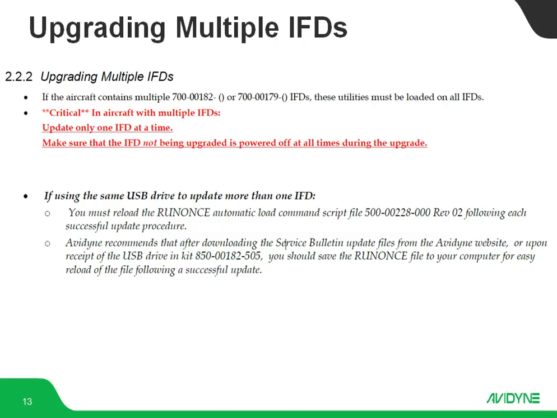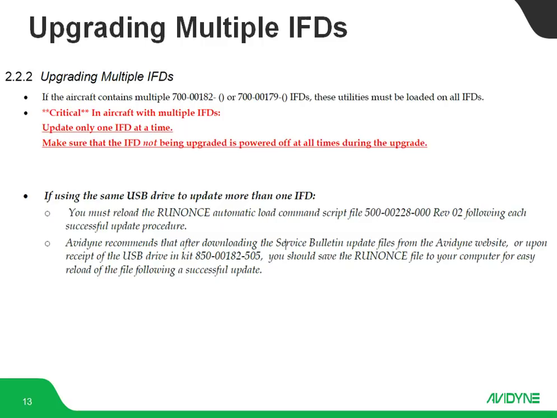There are scenarios where if we're trying to load software to both IFDs at the same time, that cross-sync bus can actually feed information back and forth, and it can corrupt the software load on both units. So don't do that. One at a time, and make sure that the opposite unit is powered off entirely.